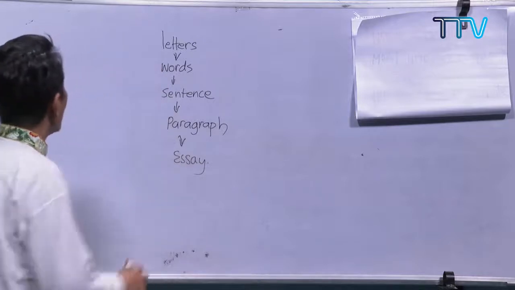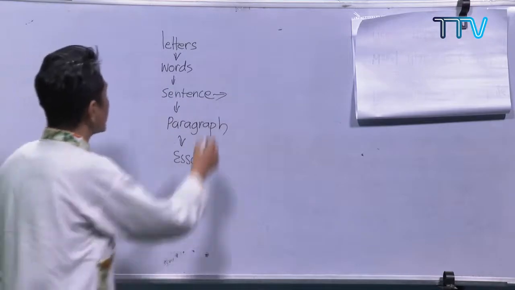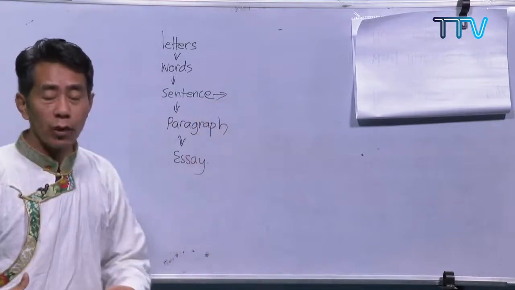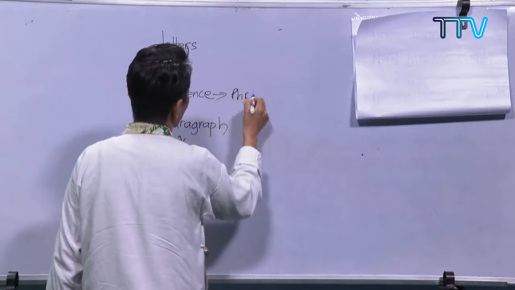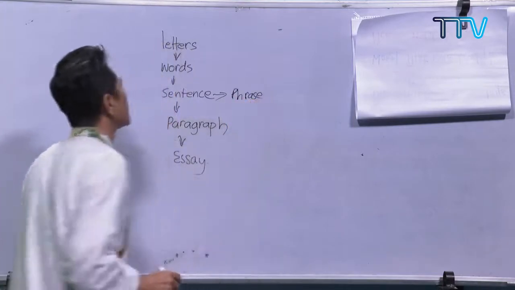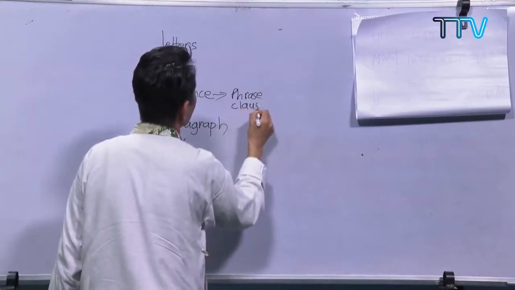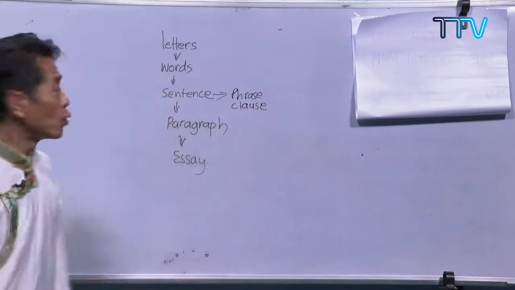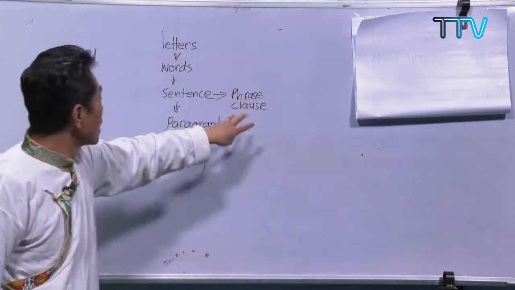As far as the sentence is concerned, Gedenchula has already told you about phrases. So in the sentence, we have phrases, and we also have clauses. A sentence is made not just of words, but also of phrases and clauses.